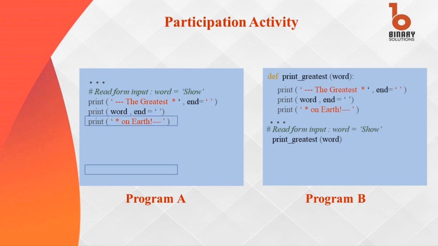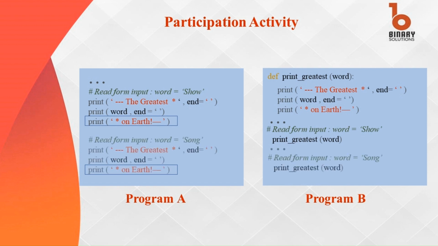Furthermore, if changes to the output are needed, such as adding an exclamation mark, program B requires the change to be made only once in the function, which automatically updates every instance where the function is called. In contrast, program A requires changes to be manually made in every occurrence of the print statement, which is time-consuming and prone to errors. This highlights how a print function keeps code cleaner and more maintainable.